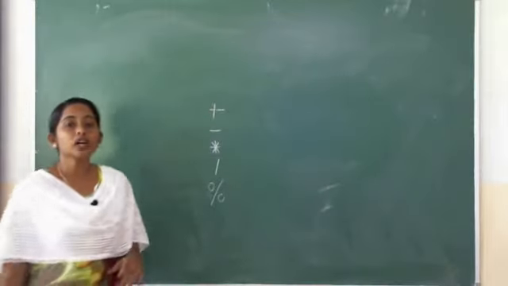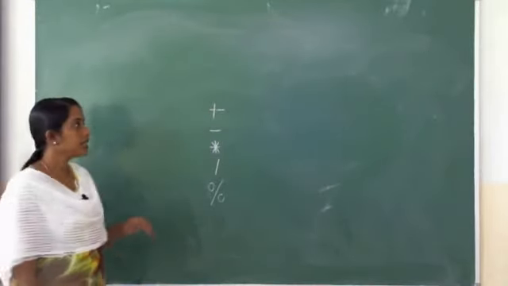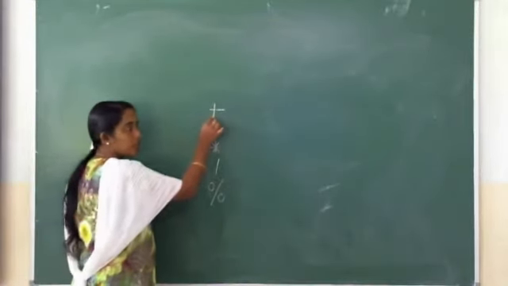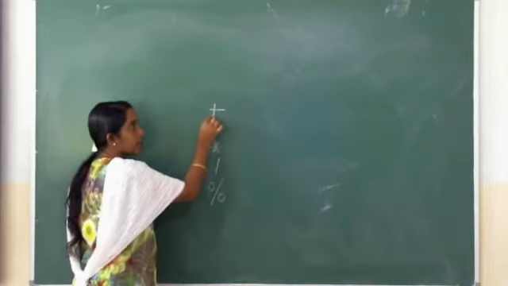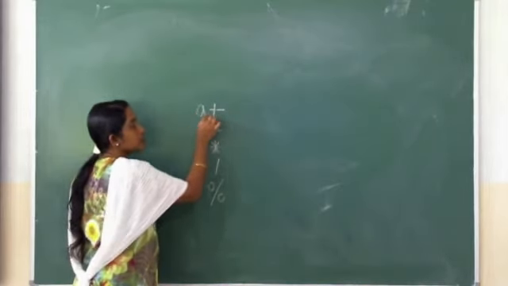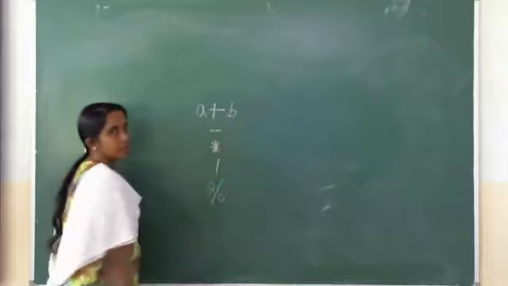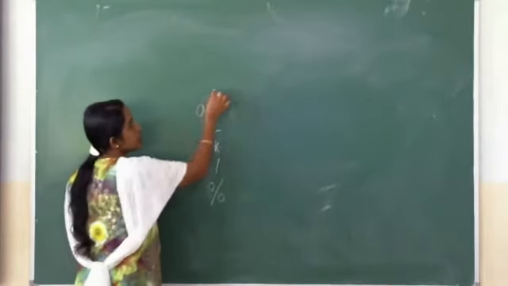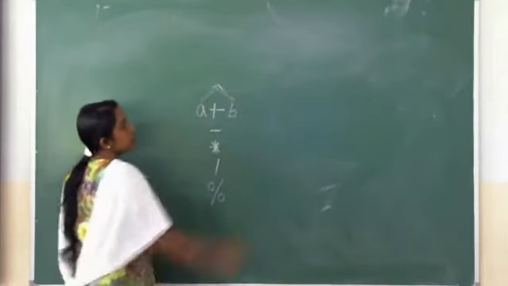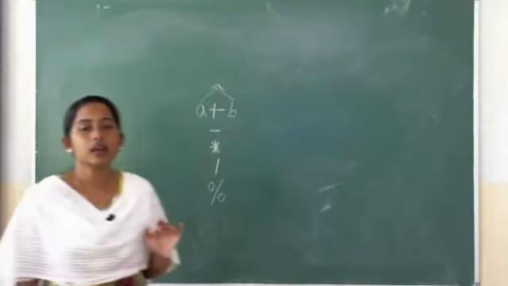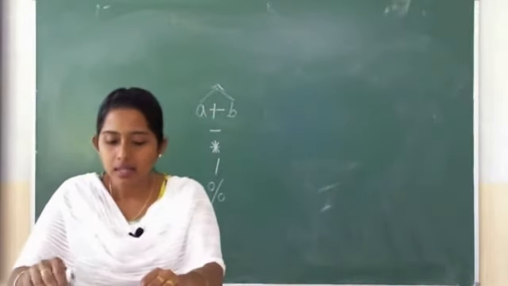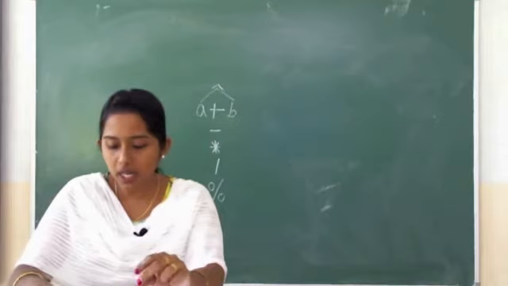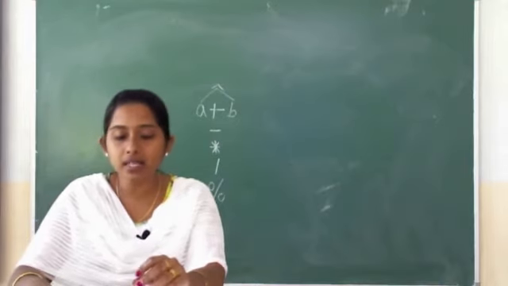And what do you mean by operands? If you are doing an operation with the operator addition, you have to specify two variables, isn't it? So these two are known as operands.